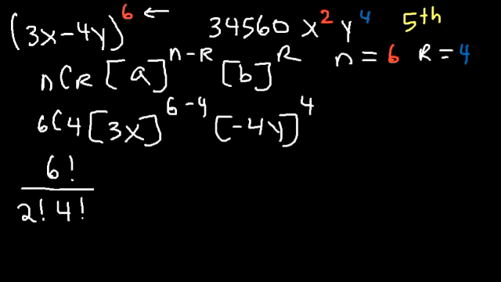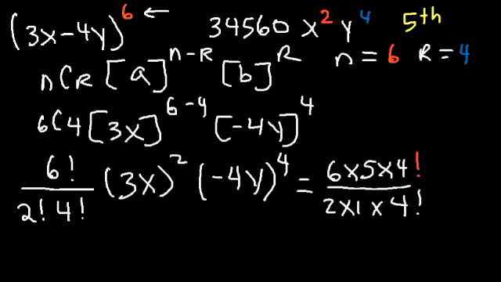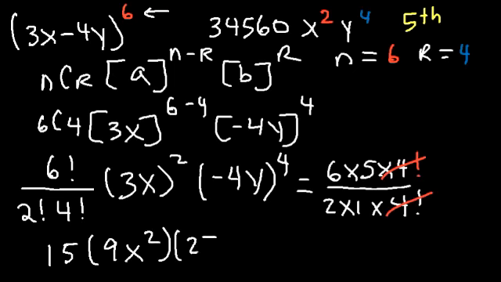6 factorial is 6 times 5 times 4 factorial. 2 factorial is simply 2, so we can cancel the 4 factorial. 6 times 5 is 30, divided by 2 is 15. 3 squared is 9, and negative 4 to the fourth power is positive 256.